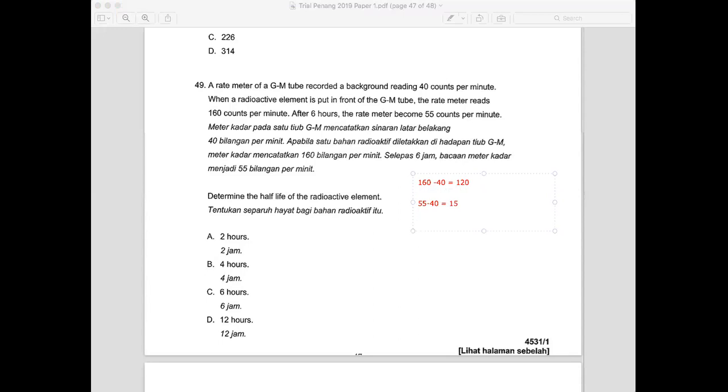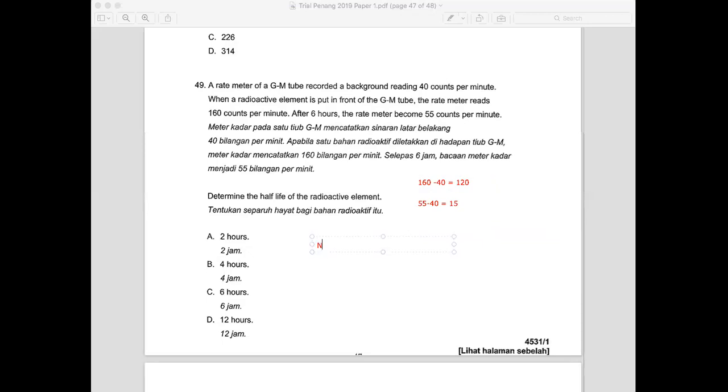Then you can guna, Afiq ajar tak the formula? N, the N equals to N naught initial divide by 2 to the power of N. Ada tak ajar formula tu? Tak, saya kena tulis. Okay.